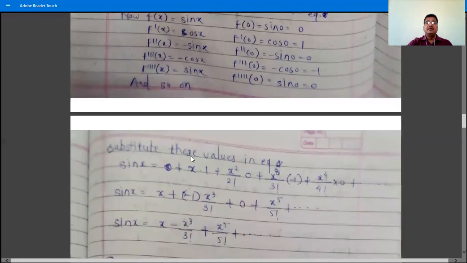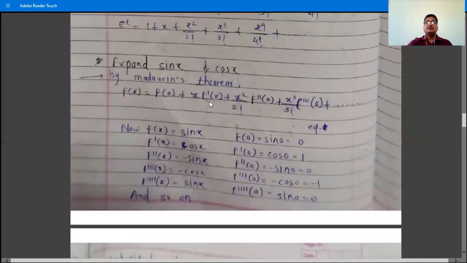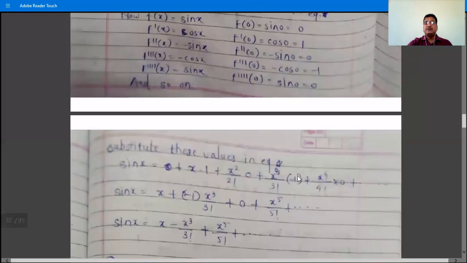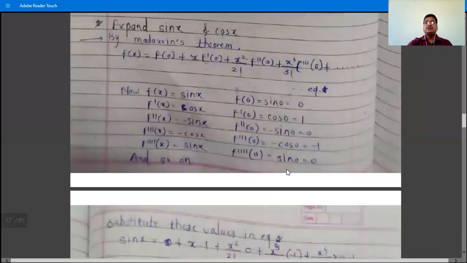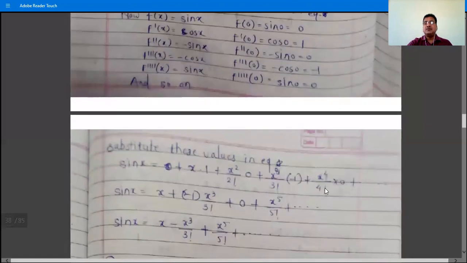Substituting these values in equation number star, we get f(x), the value of f(x) meaning sin x. F(0) is 0, plus x times f'(0), which is 1, plus x square by 2 factorial times f''(0), which is 0, plus x cube by 3 factorial times f'''(0), which is minus 1. Then x raised to 4 by 4 factorial into 0, the value of the fourth-order derivative.